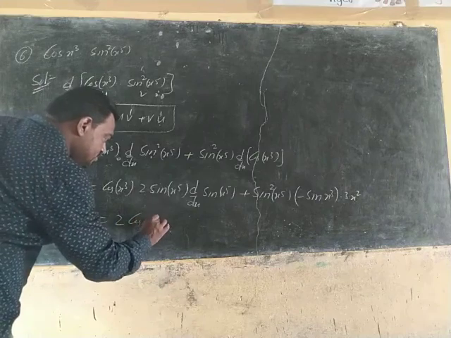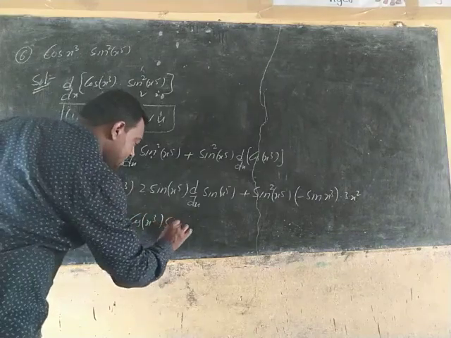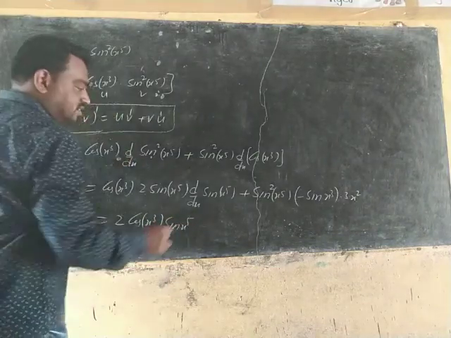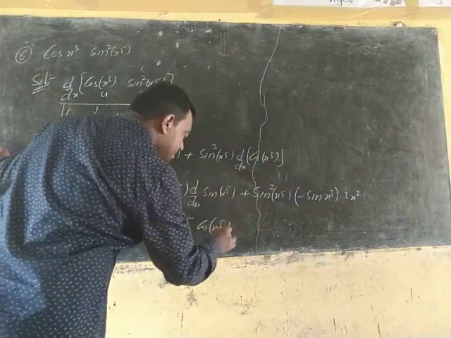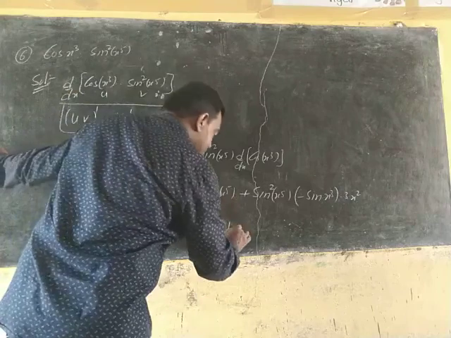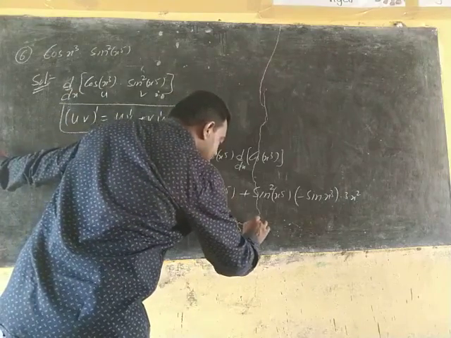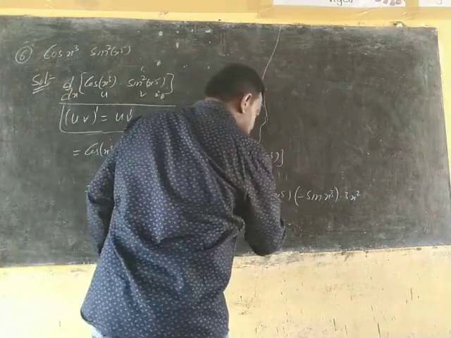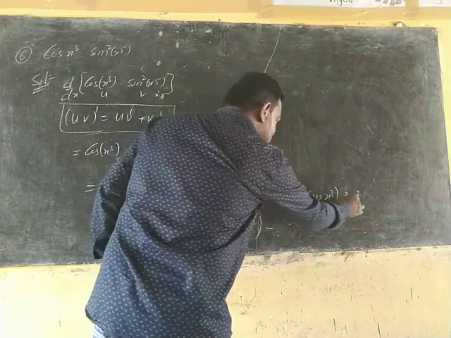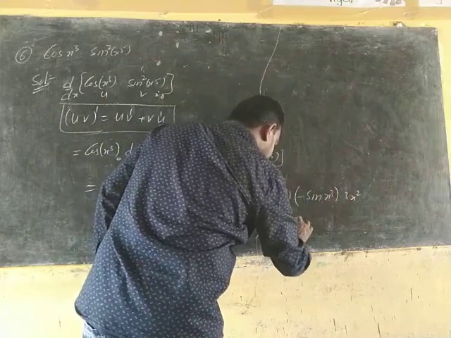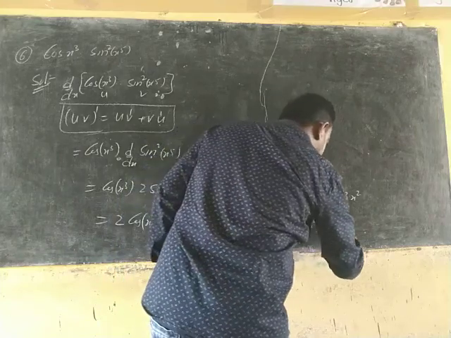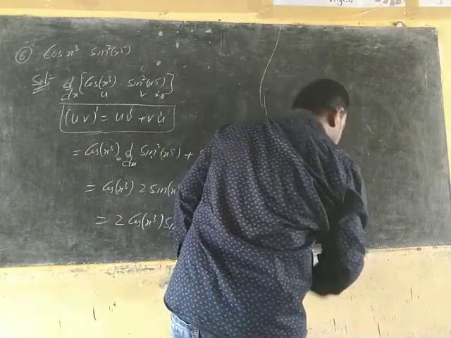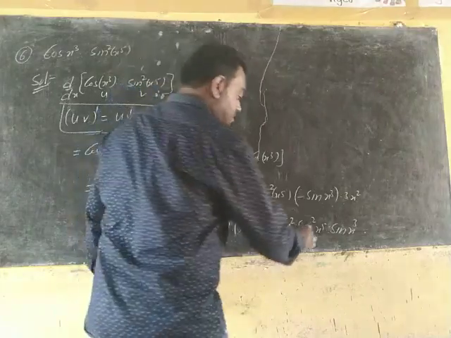Now this is equal to 2, constant I am writing here, 2 cos of x cube sine of x power of 5, sine function derivative cos of x power of 5, x power of 5 derivative 5x to the power of 4. Next, plus into minus 3x square sine square of x power of 5 into sine of x cube.